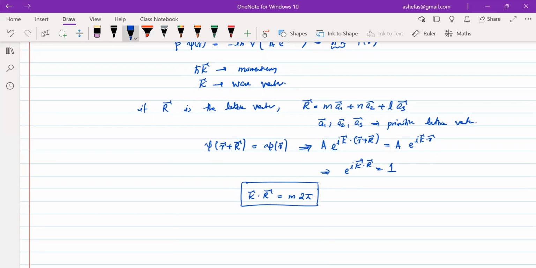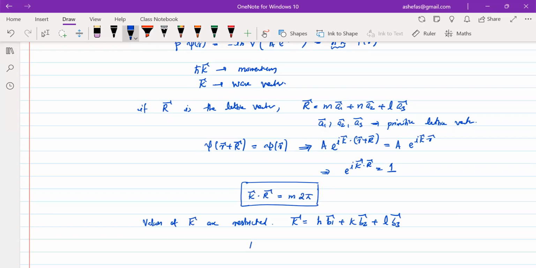So the values of k are restricted, and it has to satisfy this relation: k dot R must be equal to m times 2 pi. Now this k we can write as h b1 plus k b2 plus l b3, where b1, b2, b3 are the primitive vectors for k.